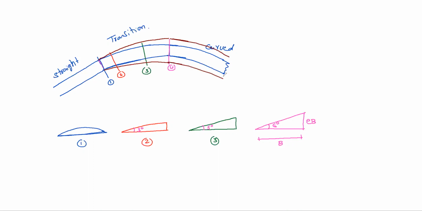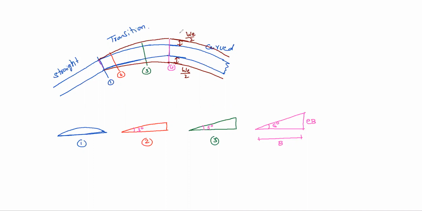So the extra widening, both sides if you provide by 2, extra widening by 2, so both sides we are attaining. Instead of giving extra widening suddenly, you are giving this extra widening gradually from straight portion to curved portion in the transition region. So this is also a main function of transition curve.